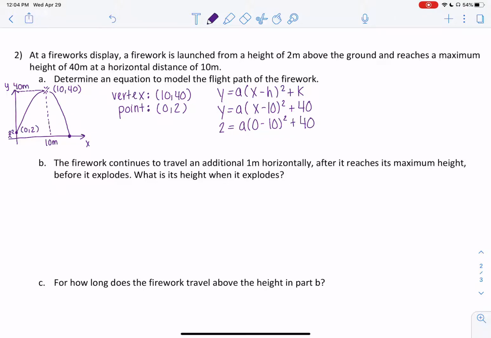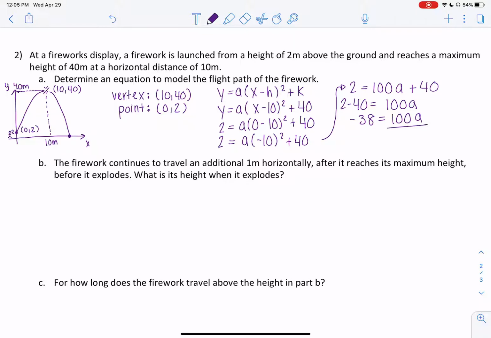So I need to start by plugging in my point for x and y. Now I'm going to simplify those brackets. Sorry, I'm running out of room, I'm just going to have to move over here. Now I'll do those exponents. And now I can solve for a. Let's move that 40 over, and we'll divide that 100 out.